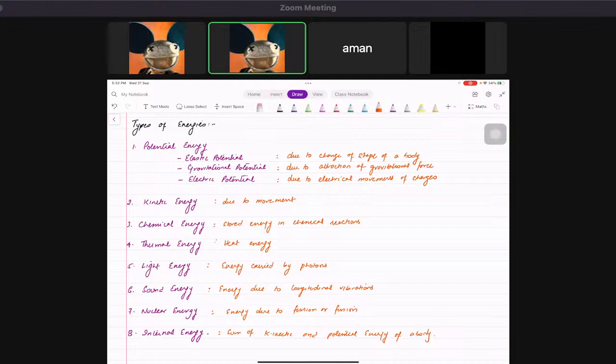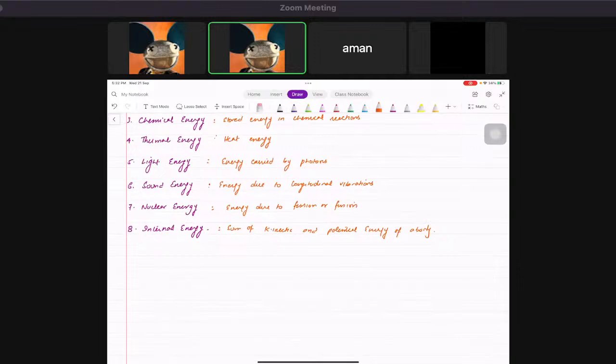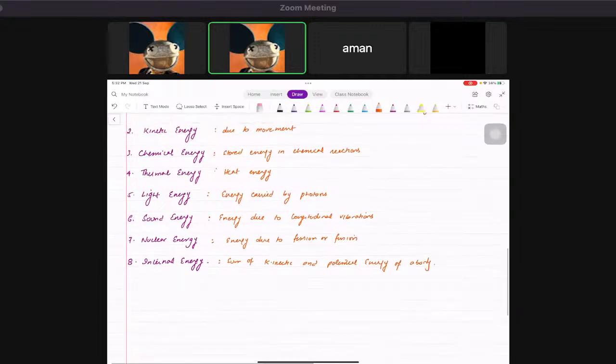Right. So just remember that energy can have many forms, and these forms can change.